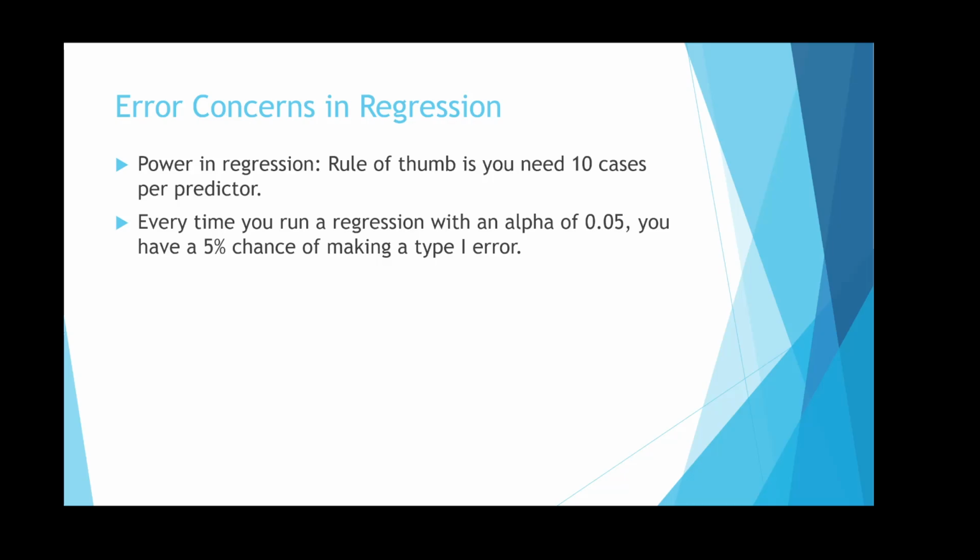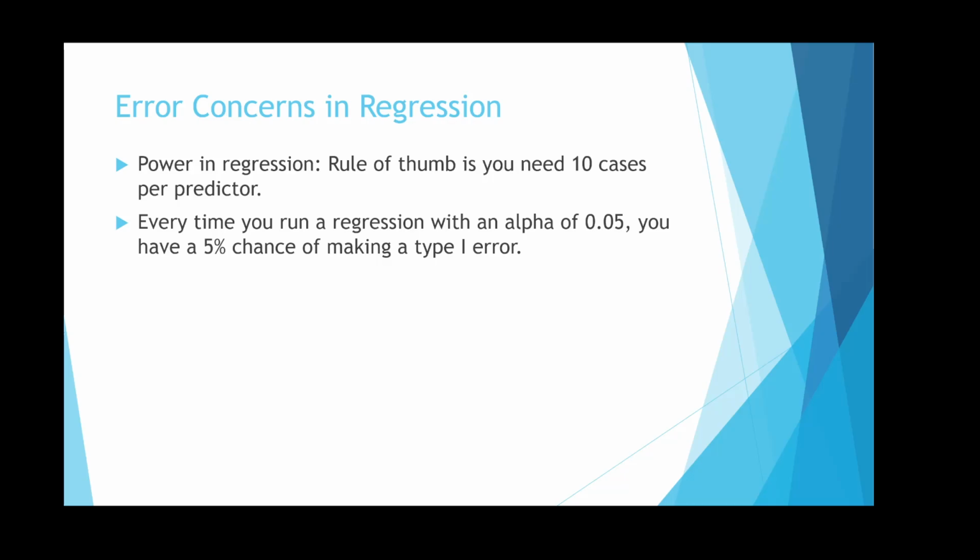I would try to have many more than that. The other thing I want you to keep in mind, alpha. So we've talked a little bit about alpha, our p-value. Our p-value needs to be less than alpha to tell us if there's a significant relationship. What is this alpha? Alpha, remember, is your chance of making a type 1 error. A type 1 error is whenever you conclude there's a significant relationship, but there's really not.